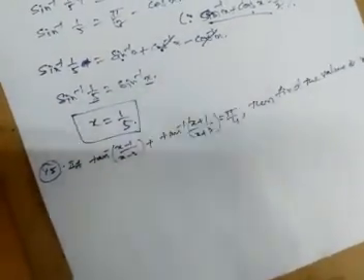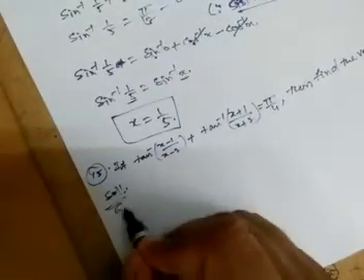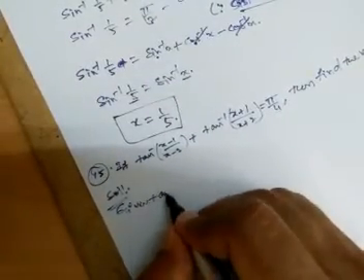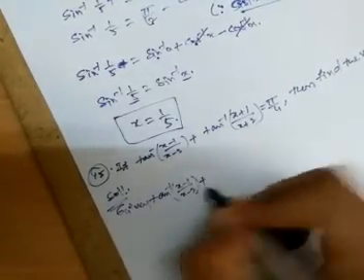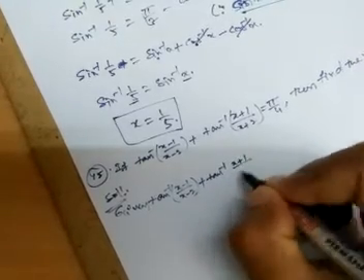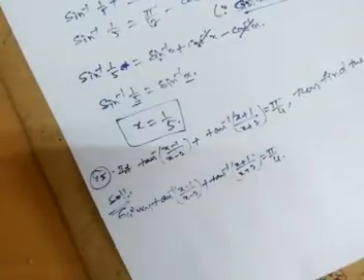Solution: given tan inverse of (x minus 1) by (x minus 2) plus tan inverse of (x plus 1) by (x plus 2) equals pi by 4.